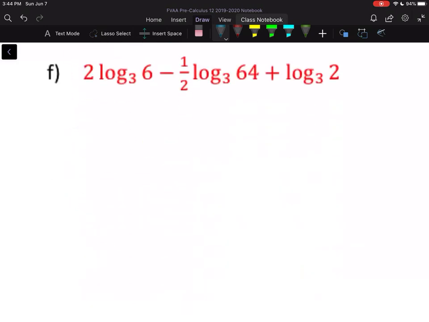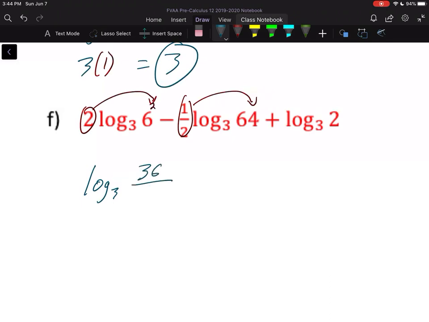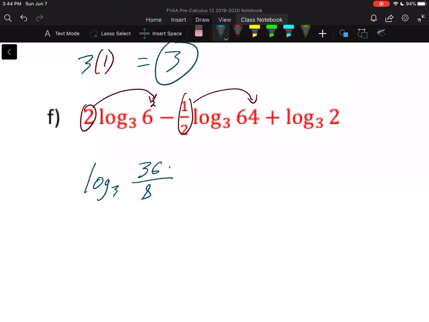And one more problem here, again combining things. I'm going to be moving this back into its exponent position here, the 1/2 here, and going from there. So I have log base 3 of 6 squared, the 36 divided by the square root of 64, which is 8, and then plus 2. So that multiplied by 2 would actually be on the top, okay, because it's a plus, not a minus.